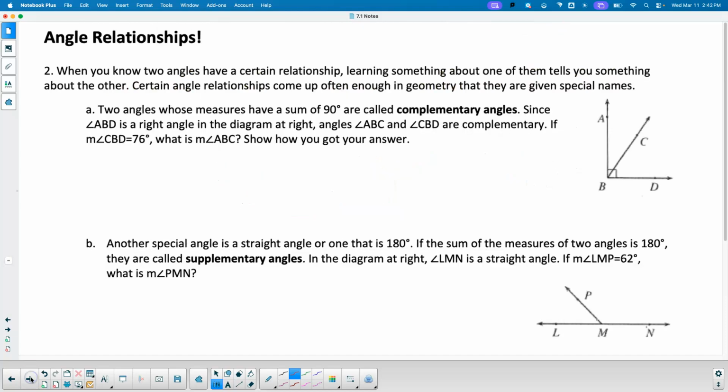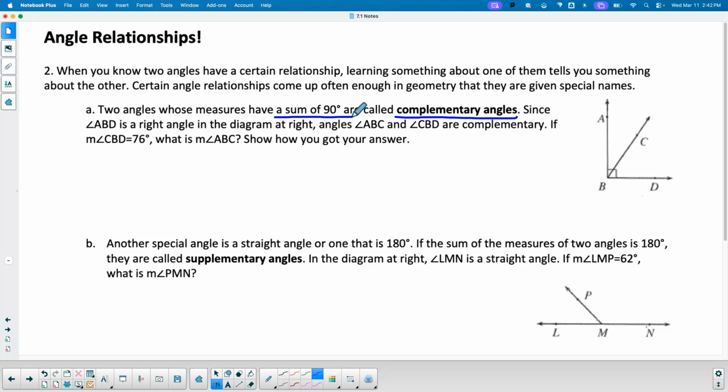All right. Let's start talking about complementary angles. If you had a highlighter, now would be the time to use it. Complementary angles are angles that add up to be 90 degrees. So complementary adds to be 90.